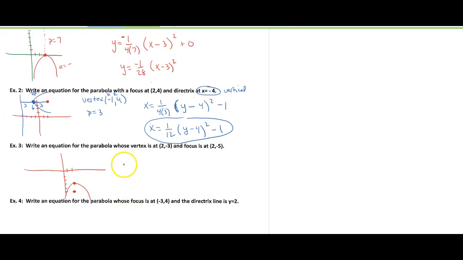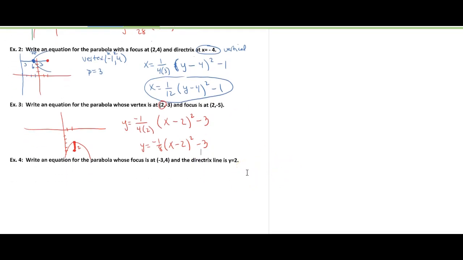Right away, if it's opening down, I know it's going to be y equals -1 over 4 times p. But what is p here? What's this distance? 2. So it's 4 times 2 times x minus, what is the x coordinate of my vertex? 2, all squared, minus 3. So when we simplify this, -1 over 8 times x minus 2 all squared minus 3.